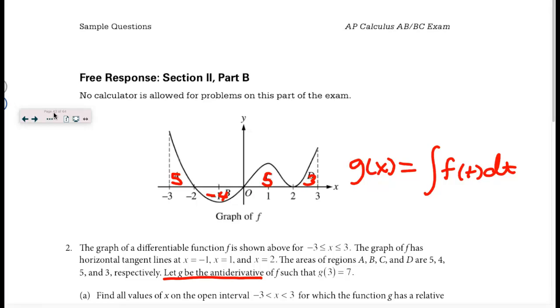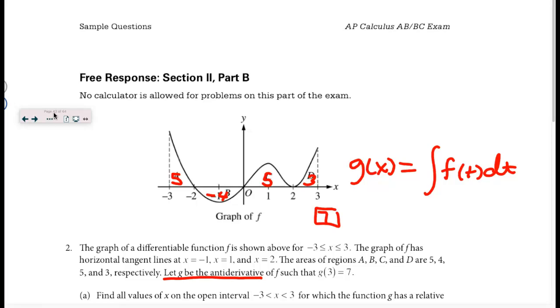So it is the integral. Very good. They tell me that G of 3 is 7. So what they're telling me is that by the time I get to 3, I've accumulated 7. Good with that? So now let's go look at the questions.